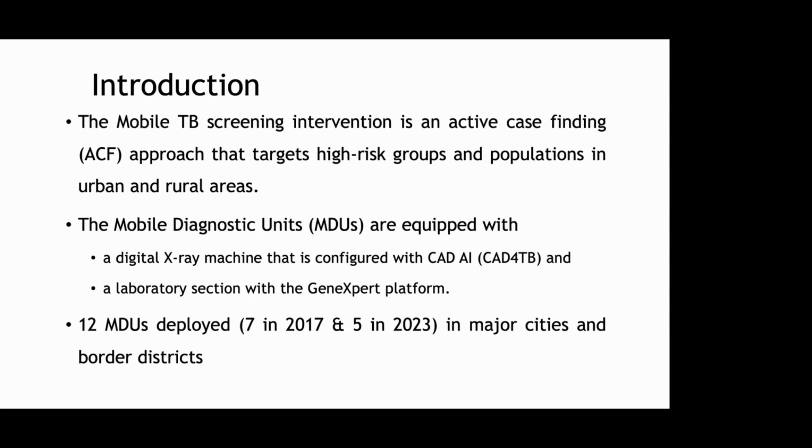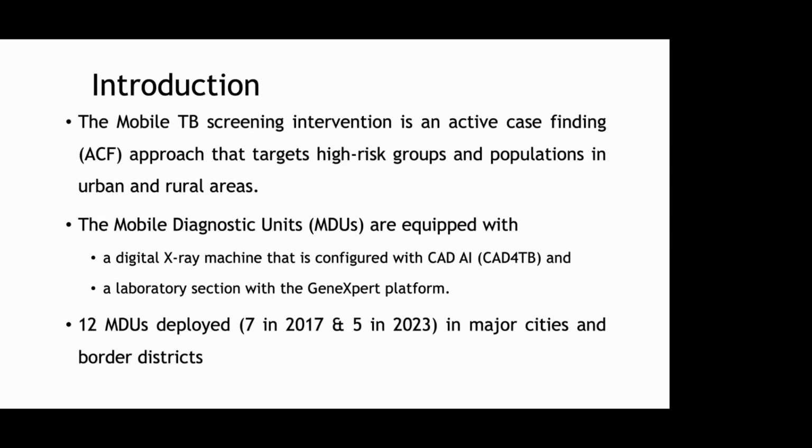And from all of that, and these findings about more TB in certain urban areas over rural areas, we devised the mobile diagnostic unit. So what you can see is it targets high-risk groups, and those high-risk groups are both in the urban and rural areas. There are 12 for now, but originally, and this is back in 2018, there were 7, and they were deployed to the hardest hit areas.